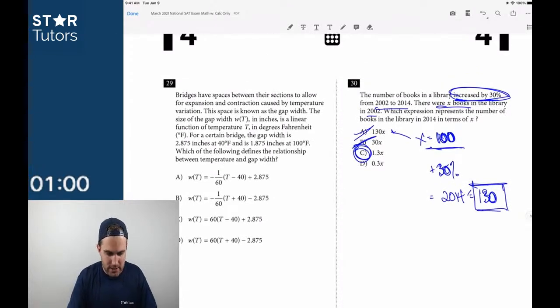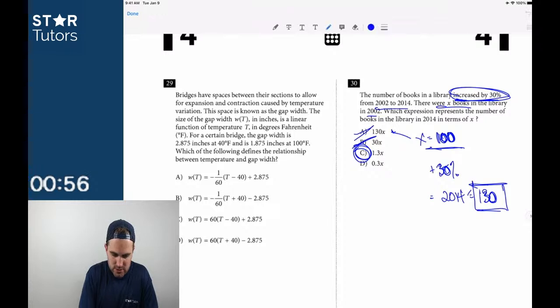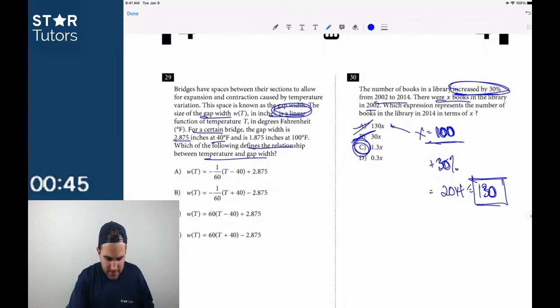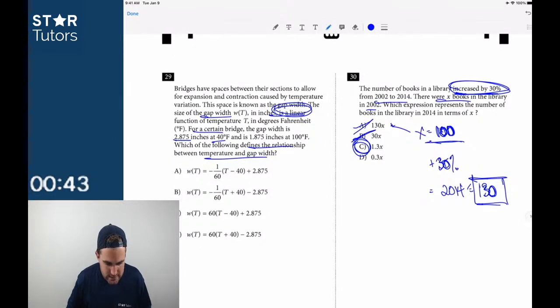So let me do 29 first, because this one looks a little bit easier than the last one. Bridges between the sections. The size of the gap in inches is a linear function. Think about linear degrees per certain bridge. The gap width is a relationship between temperature and the gap width. So by going down 1 inch, you're going up 60 degrees. Temperature is the x value.